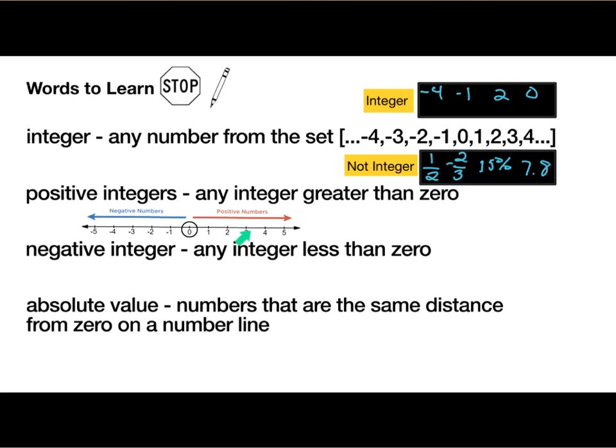So positive numbers are any integer that is greater than 0, and negative numbers are numbers that are less than 0. And then we have absolute value. We're going to be using this to help us put numbers in order. And later on in this chapter, absolute value is going to be really helpful when we're adding and subtracting with negatives. It's numbers that are the same distance from 0 on a number line. All right, let's move on.